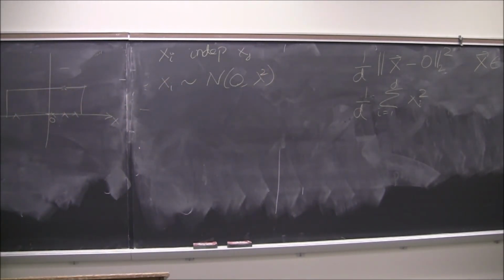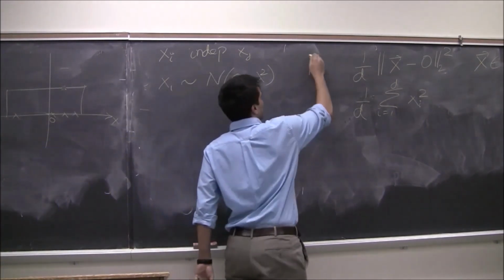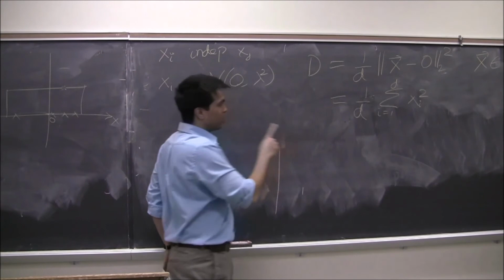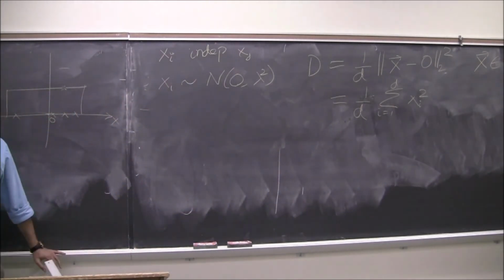IID, each dimension is IID. I drew the uniform, but each dimension is Gaussian. All right, and I'm interested in this value right here, the average distance of a point to 0.